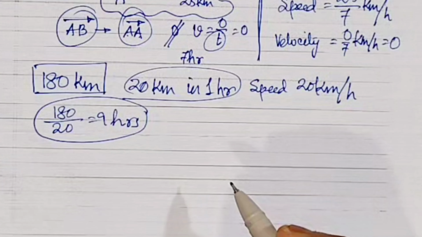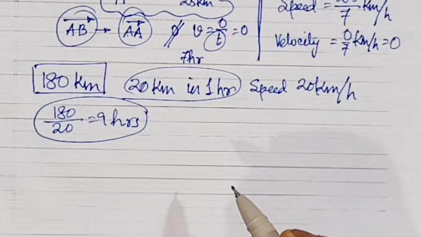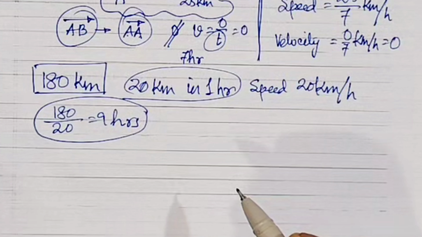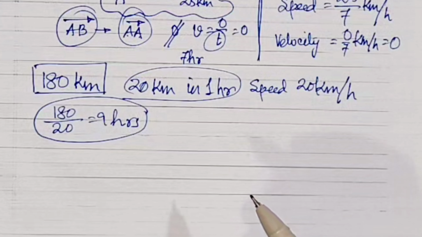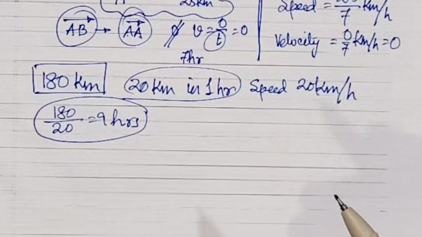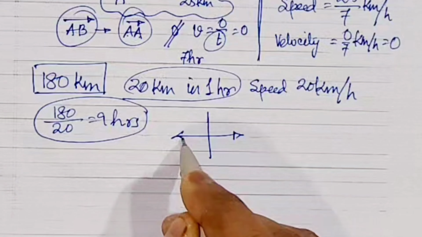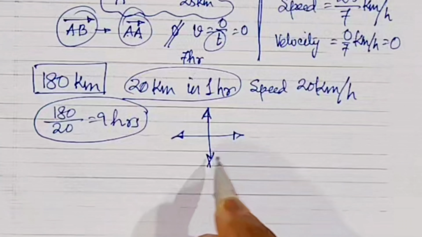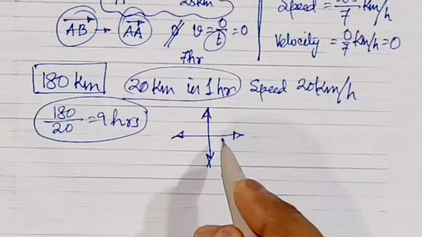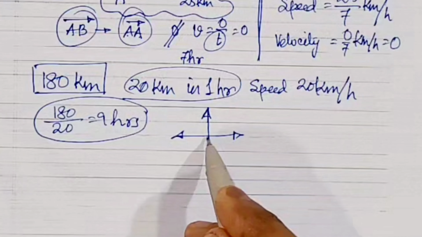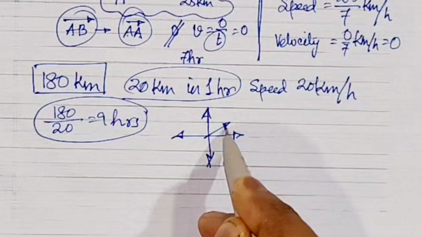Now what about velocity? Velocity is a very similar thing. It's just that there is a direction associated with it. So let's say we are here, and at a certain moment we are heading in this direction.